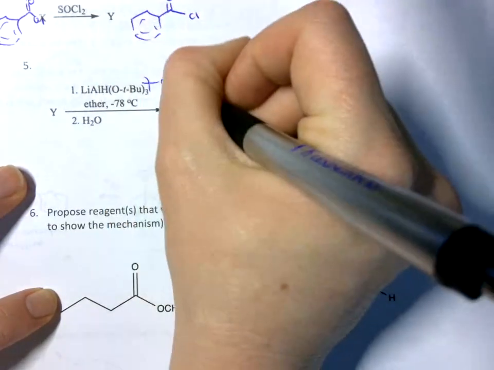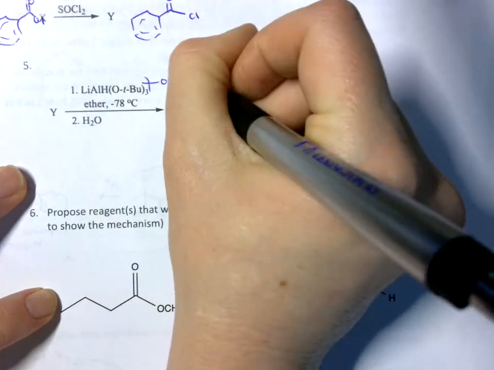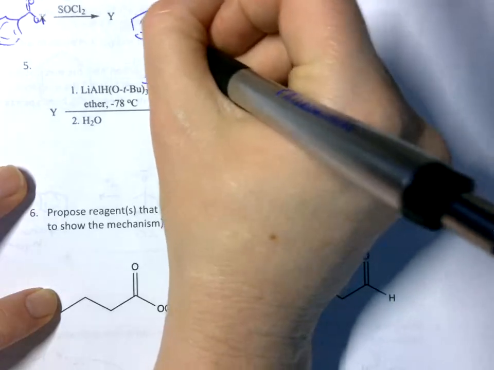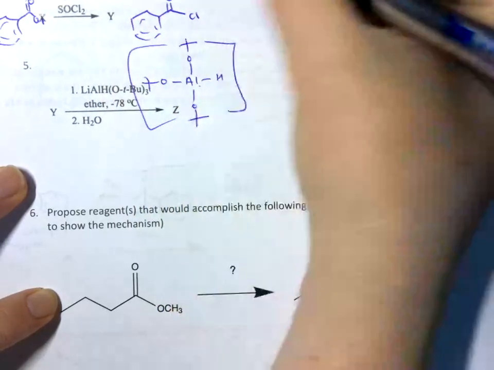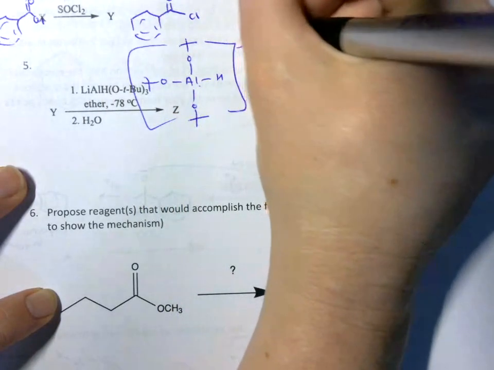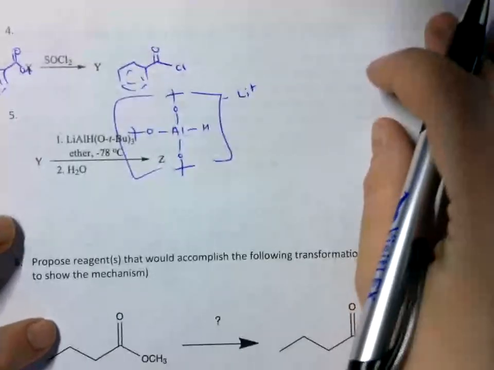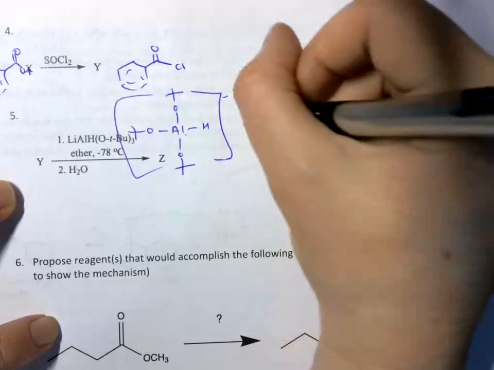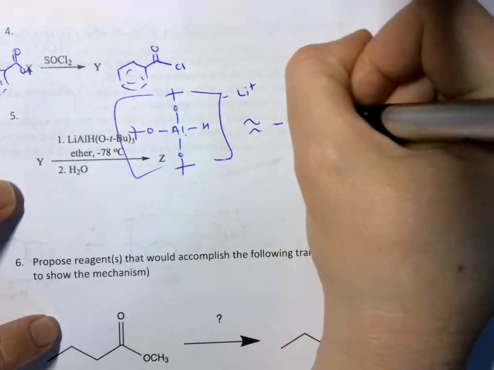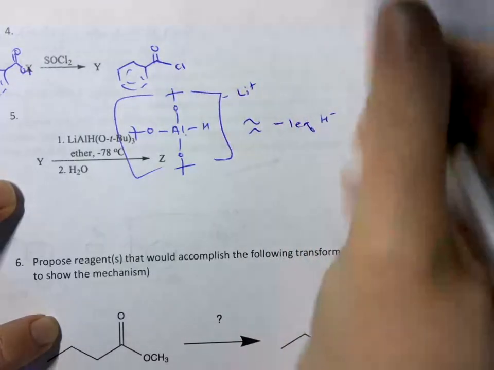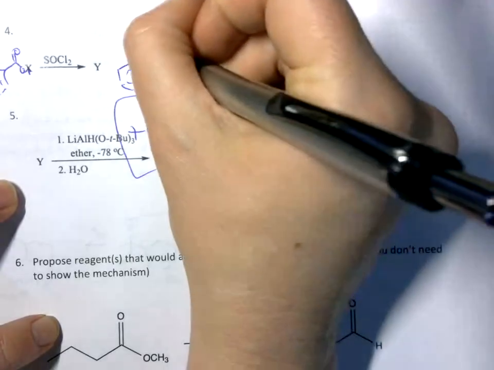Let's see what it looked like. This, I think. So this whole thing is negative, and then your lithium is positive. So there's only one hydrogen. So because there's only one hydrogen, this basically acts like one equivalent of hydride. So this is a weak reducing agent.